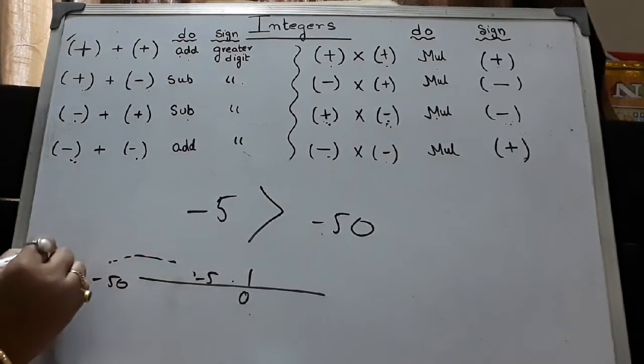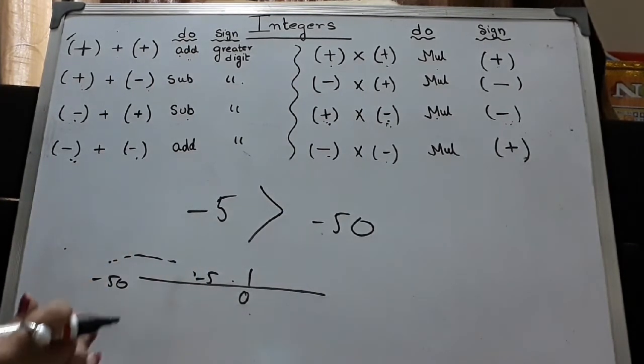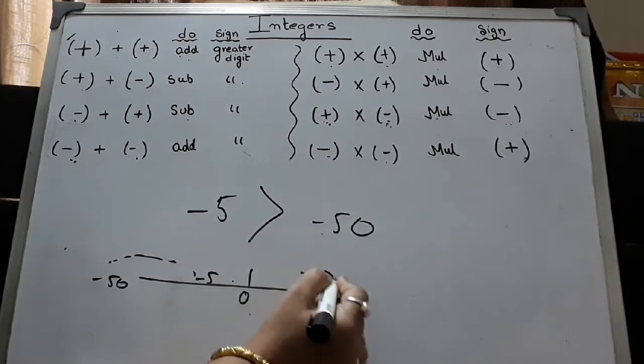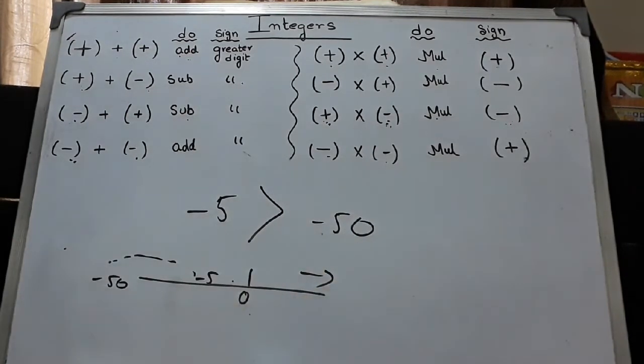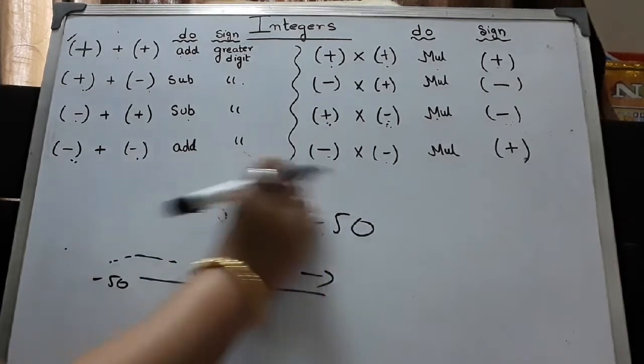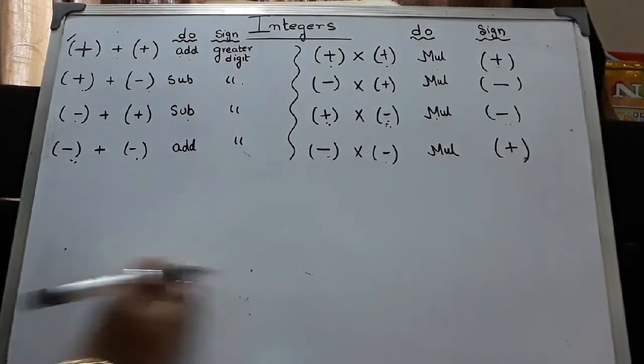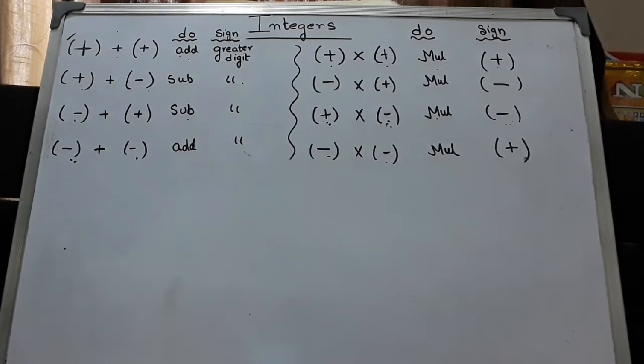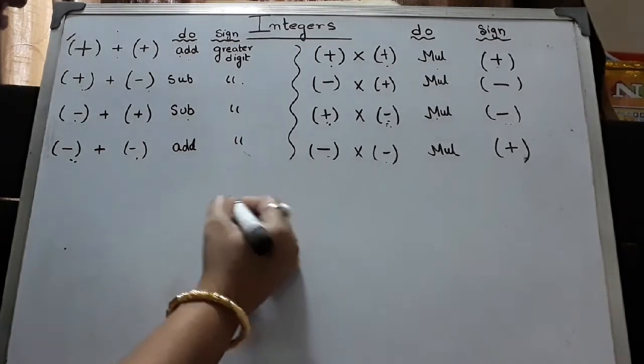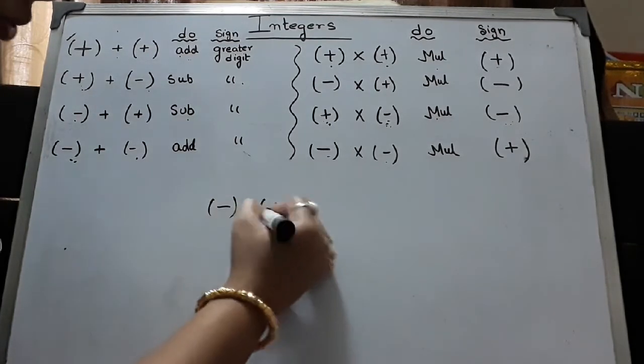So how much you are going back, that means you are going lesser, and how much you are going this side, that is greater. Okay, so this is very important to know the scale. You have to know the scale and you have to play with positive and negative numbers both. So integer basically means you play with negative and positive numbers both.